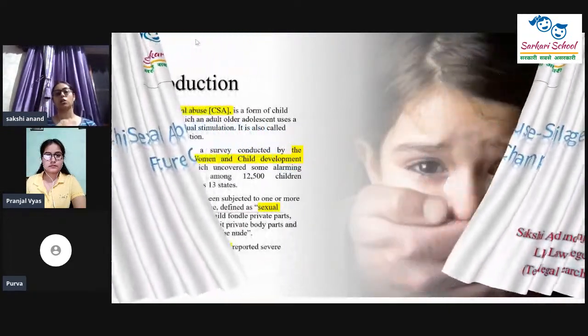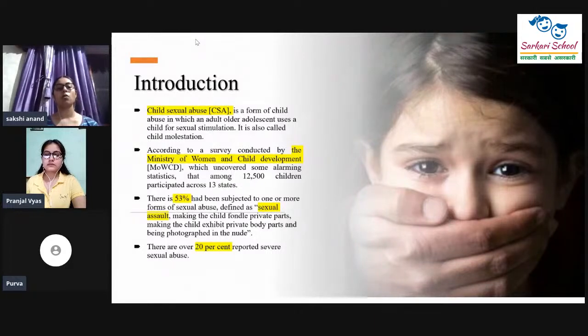abuse. Child sexual abuse is a form of child abuse in which an adult or older person uses a child to stimulate themselves sexually, which in layman's language is known as child molestation.